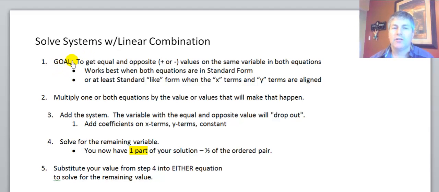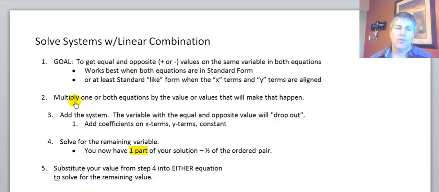So, with linear combination, or the elimination method, our goal here is to get equal or opposite, so positive or negative, values on the same variable in both equations, or on the coefficient of that variable. This works best when both equations are in standard form, or at least like form, when the x and y terms are aligned.